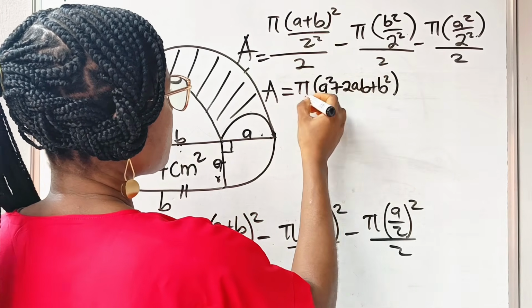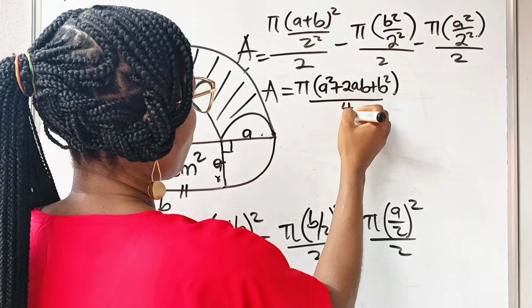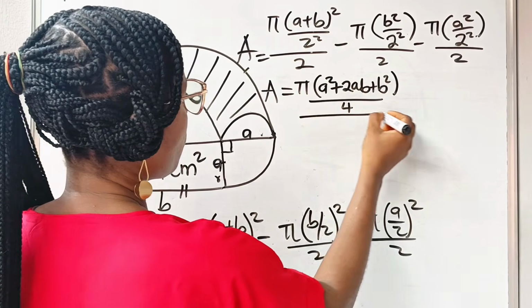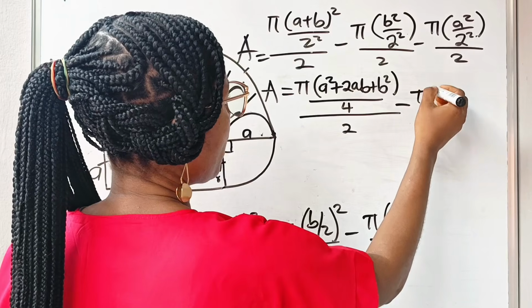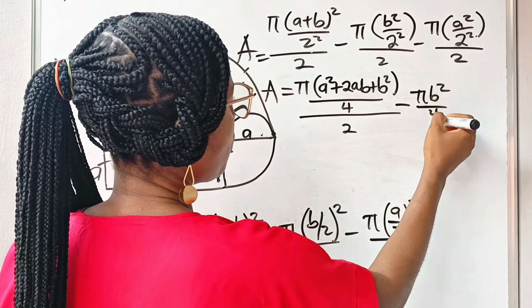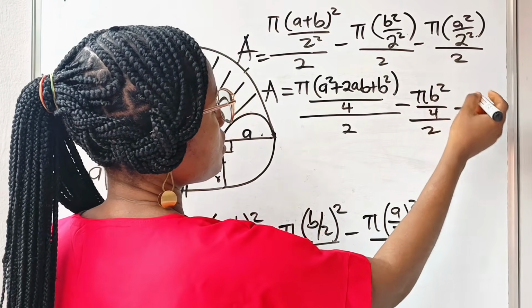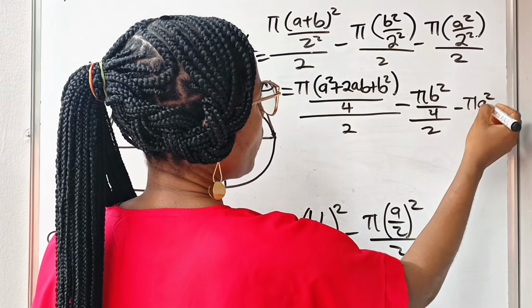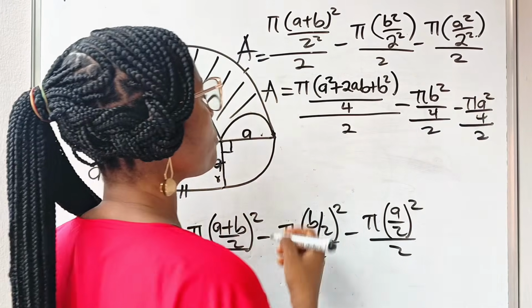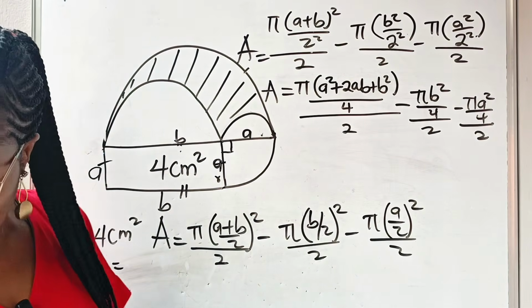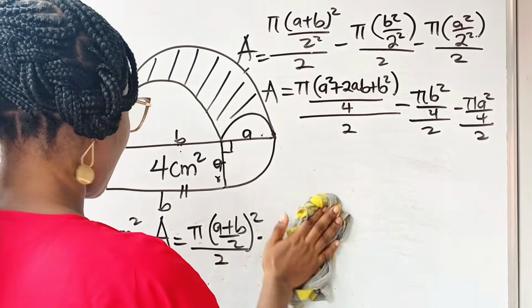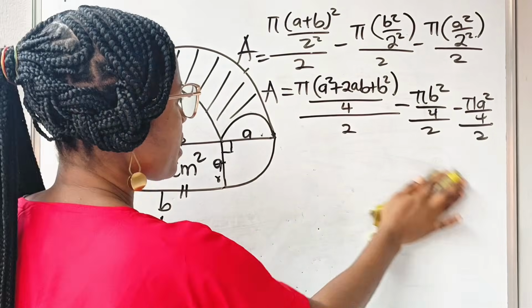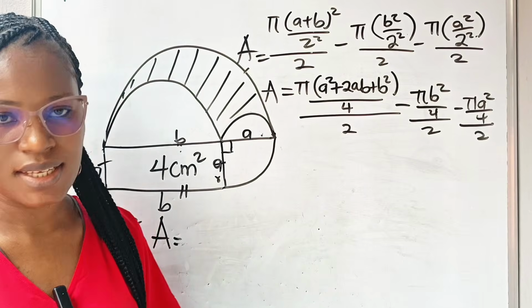All right, that is this for this, over 4, because 2 squared is 4, all over 8, minus this is pi B squared over 4 over 2, and this is pi A squared over 4 over 2. Okay, don't worry, this is coming to an end soon and you'll be amazed at what our solution is.